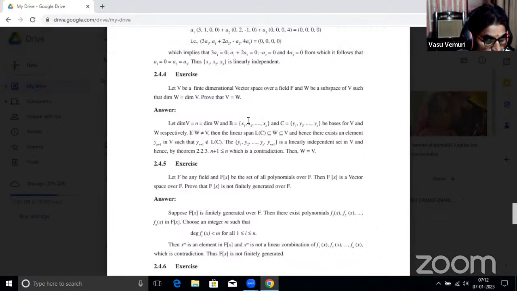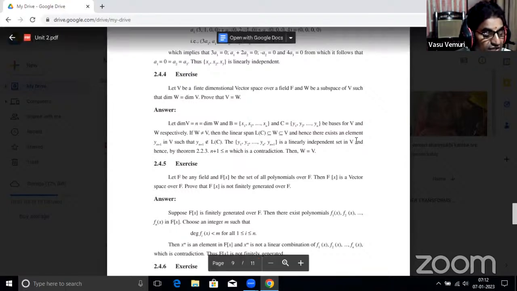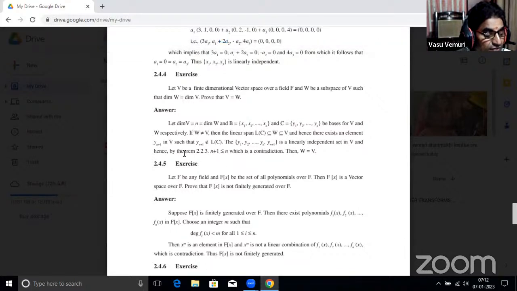Those bases belong to V, and this other basis set also belongs to W. Because when W is not equal to V, therefore L of C contained in W is contained in V. If there exists an element ym plus 1 belonging to V such that ym plus 1 does not lie in L of C, the set y1, y2, and so on, ym plus 1 is a linearly independent set.